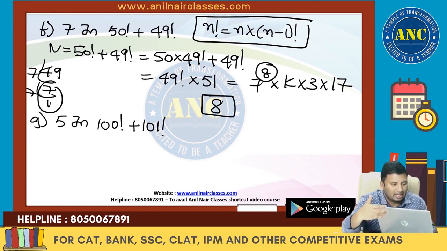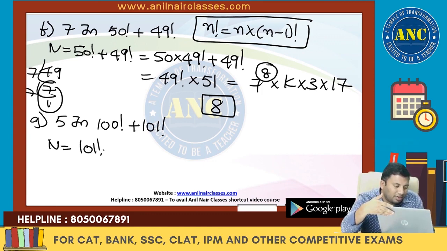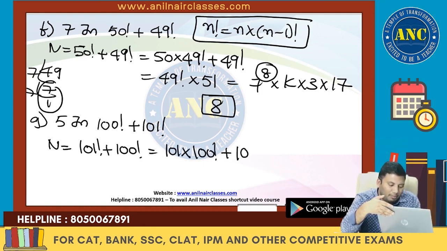I hope it is clear. Similarly, another question: n is 101 factorial plus 100 factorial. 101 factorial is 101 into 100 factorial, plus 100 factorial. Taking 100 factorial common, 101 plus 1 is 102.